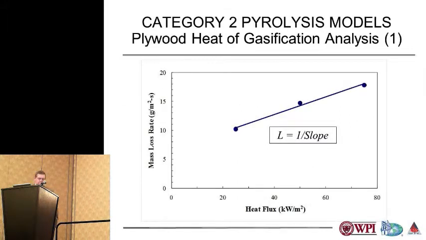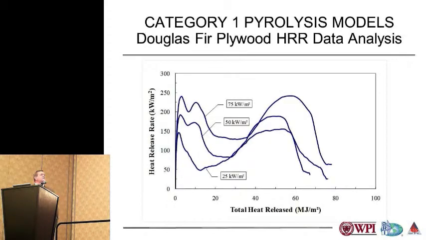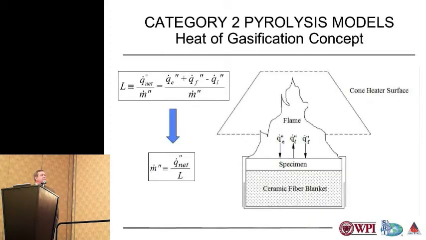And if the material burns at a constant rate, then you can run tests at different heat fluxes and plot the mass loss rate as a function of heat flux, and from a linear fit through the data points, you can determine what the heat of gasification is. And then you can use that in your compartment fire model to determine what the mass loss rate of the segment is depending on the incident heat flux, which the compartment fire model will calculate for you.